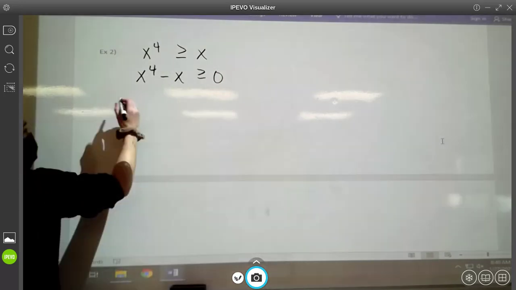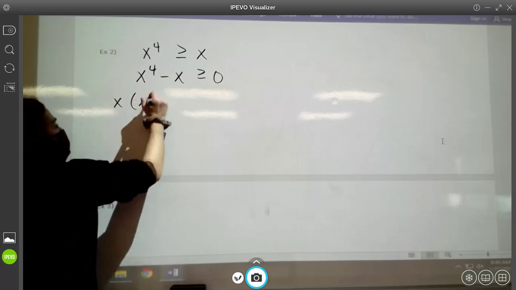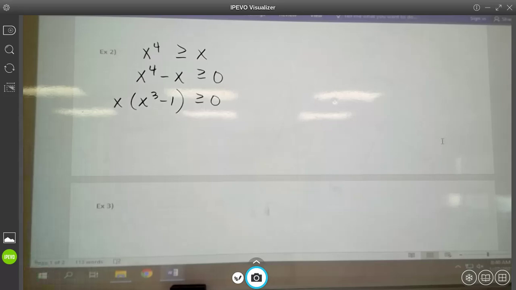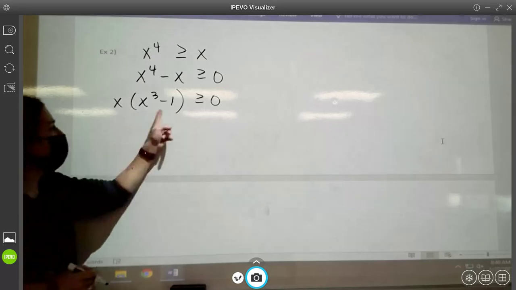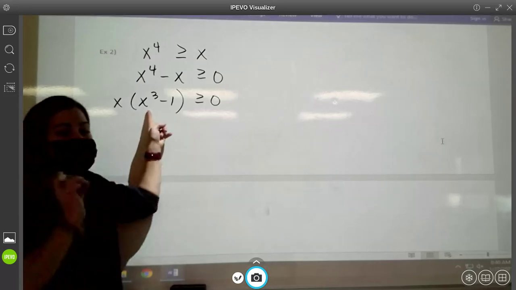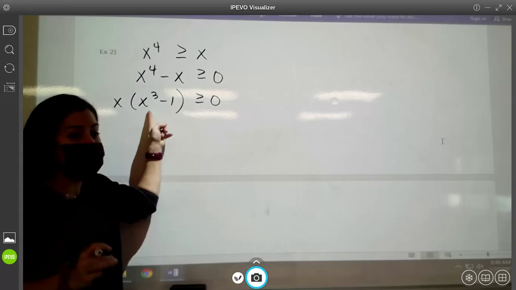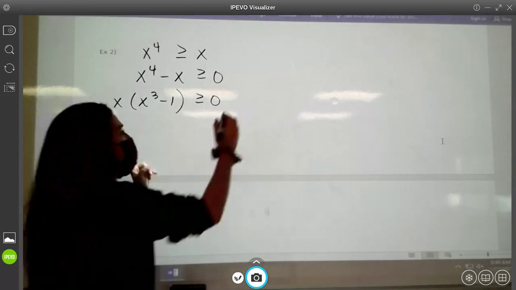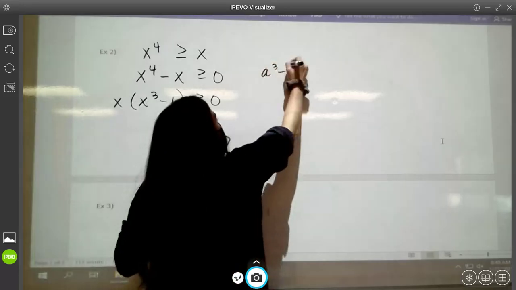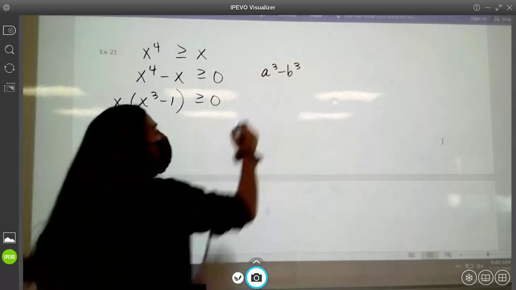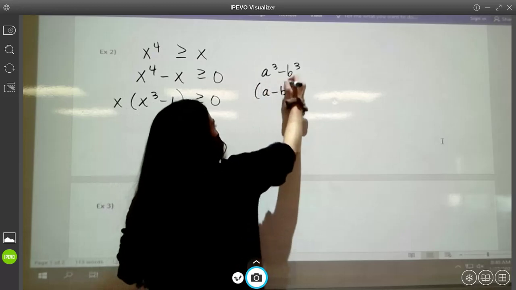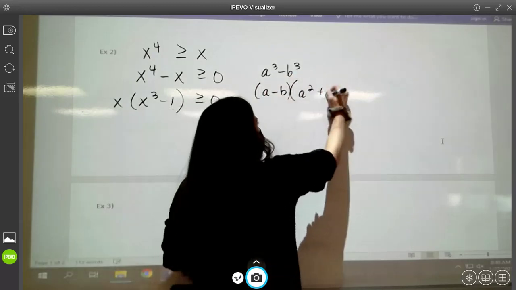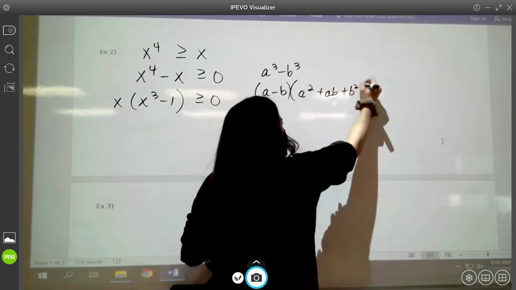They definitely have a GCF of x. Okay? And then if I look here, guys, this is the difference of 2 cubes. So I can factor that using the difference of 2 cubes formula, right? A cubed minus b cubed always factors to a minus b, the same sign, times a squared plus ab plus b squared.